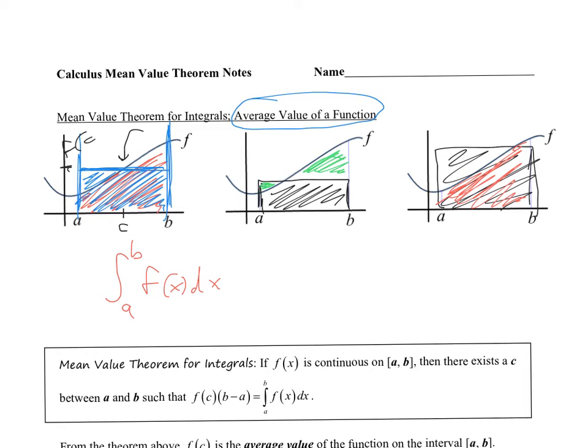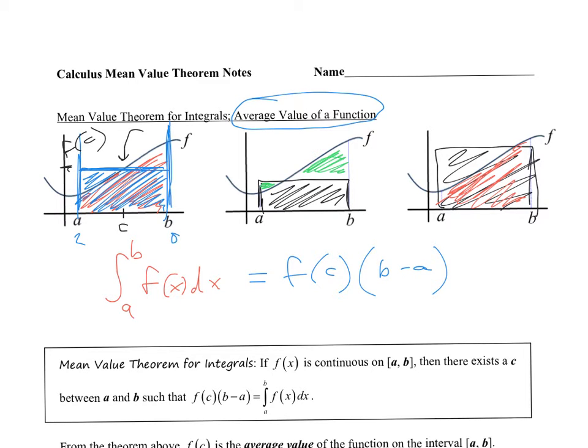Now for the blue rectangle, what's the area of a rectangle? Well, it's base times height. What's the height of this? The height is the y value, which we've called f of c. And what's the width of this rectangle? Say this was 2 and this was 8. Well, the width would be 6, or if we're just using our variables, b minus a.